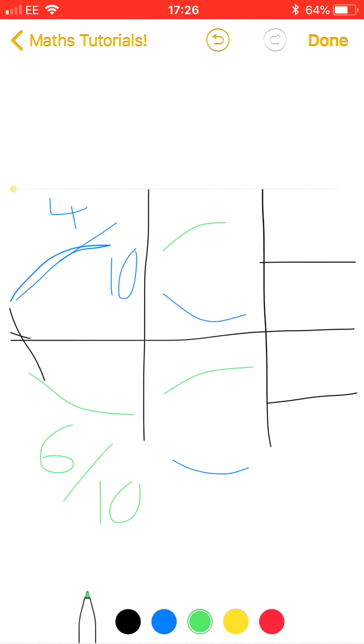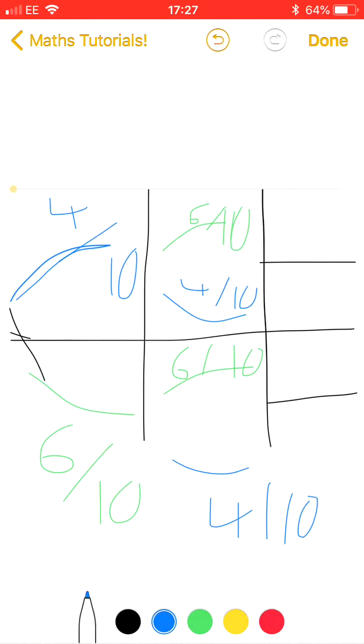However, this is green, so it's 6 out of 10. As you can see, I'm struggling to write this, I'm using my finger. 4 out of 10, this is a fraction, by the way. 6 out of 10, and we have 4 out of 10. Right, perfect.